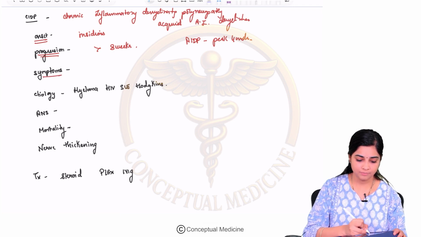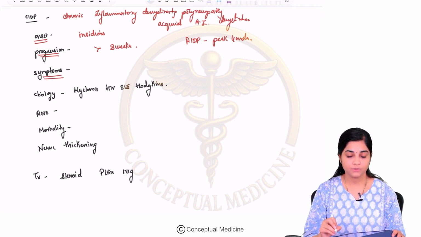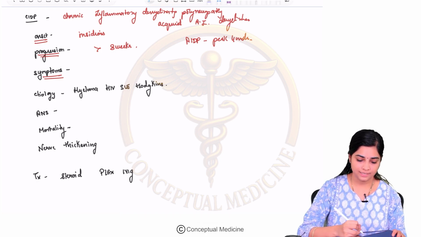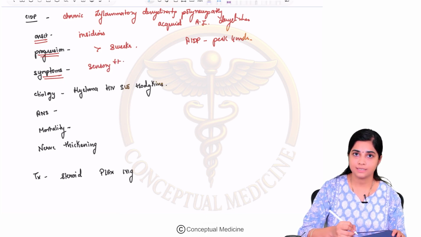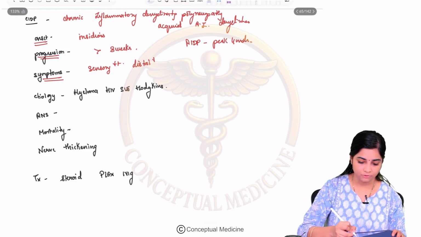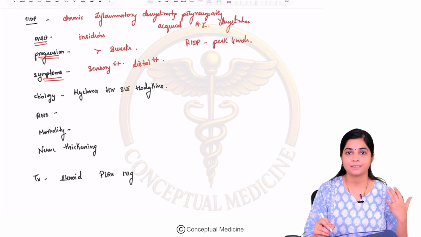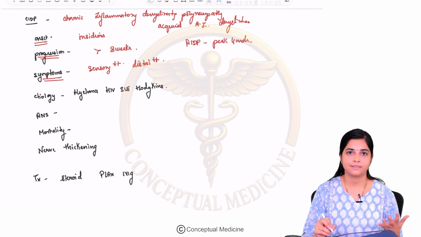So what are the symptoms? Symptom wise, how is CIDP different from AIDP? CIDP has more sensory symptoms and it has more distal involvement. Sensory loss can be there, weakness can be there.